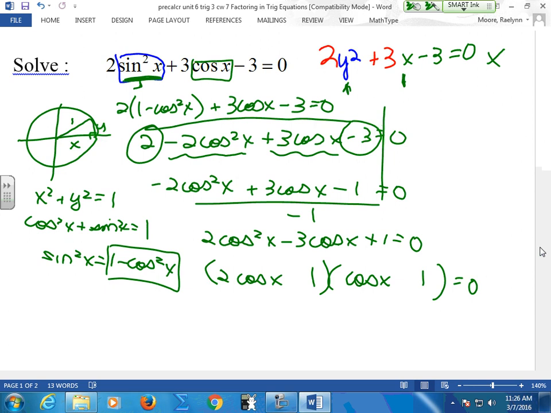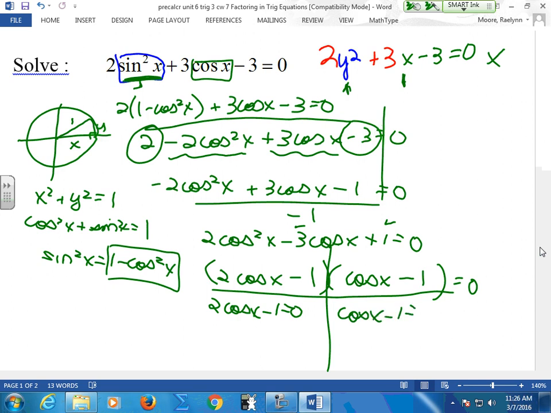I need to multiply to get a positive, add to get a negative. Two negatives. Good. So when I multiply, won't I get a positive? When I add, won't I get a negative? Now I have two factors. Separate them. I have 2 cosine x minus 1 equals 0. And I have cosine x minus 1 equals 0.